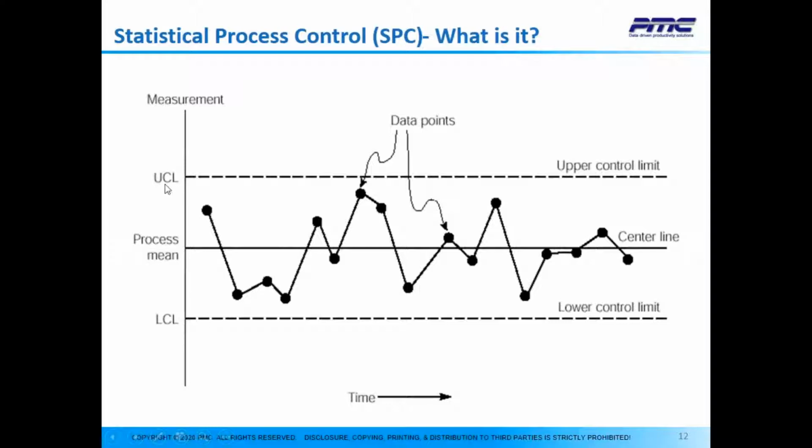And these are actually the upper control limit is the mean plus 3 standard deviations, and the lower control limit is the mean minus 3 standard deviations. So within this range is what we expect all the data points to be falling into. And all these dots that you see here are the data points.